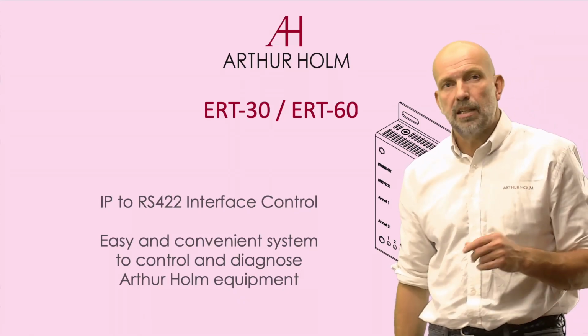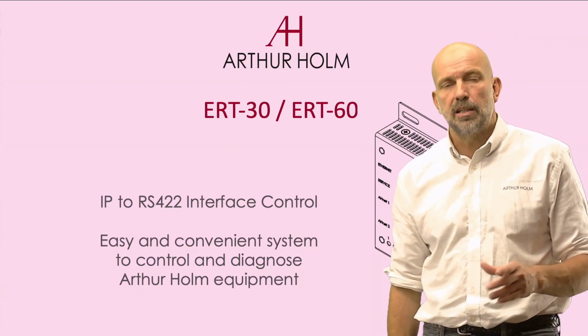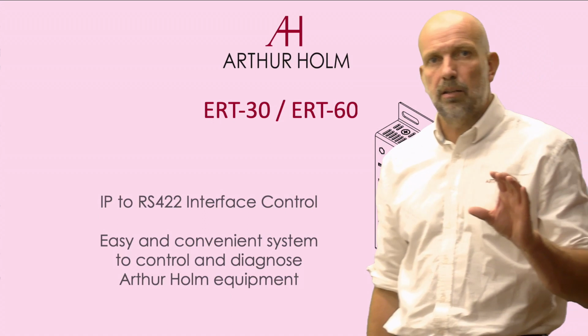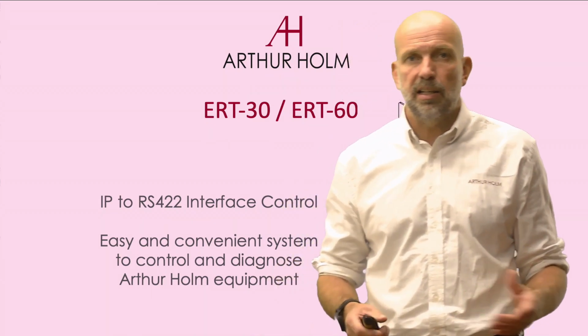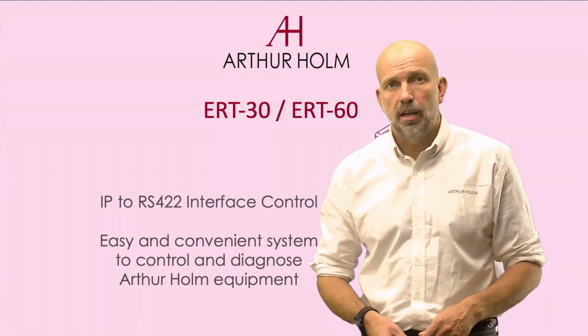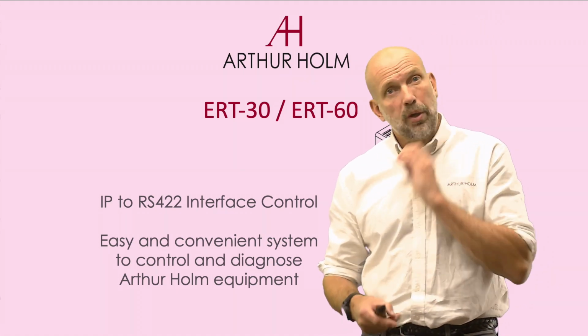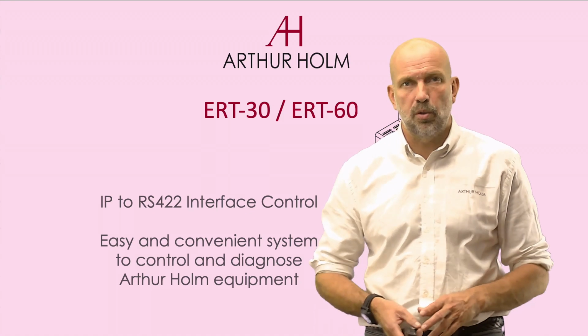So the ERT 30 and the ERT 60 indicate that with the ERT 30 you can work with up to 30 devices, and with the ERT 60 up to 60 devices. And you can have several boxes depending on how many units you have.